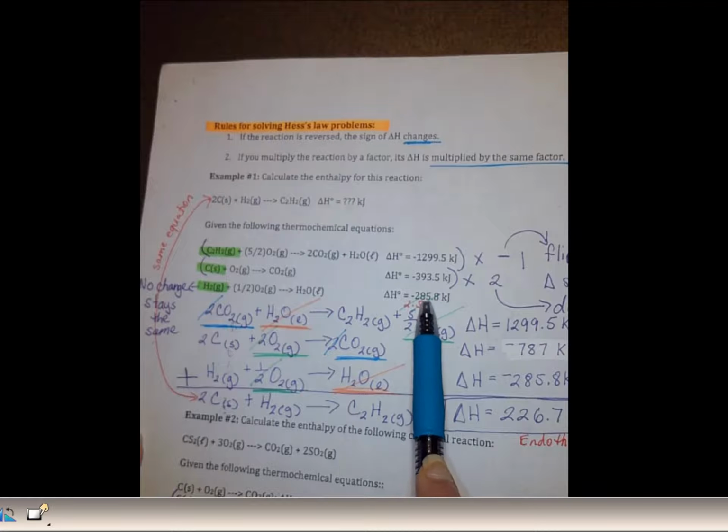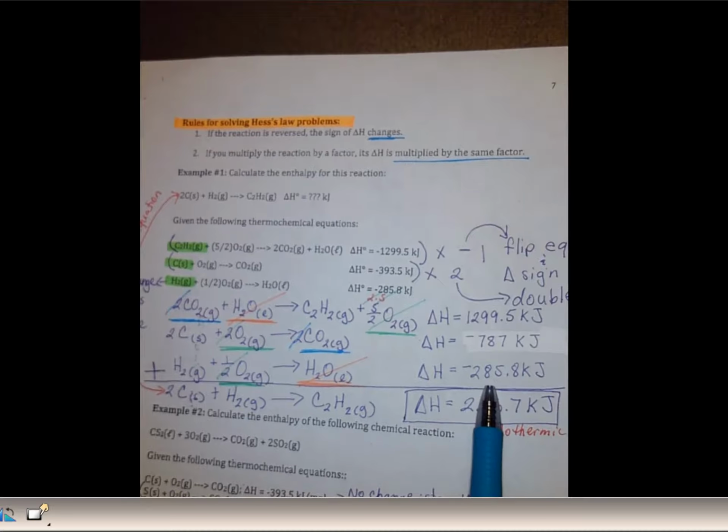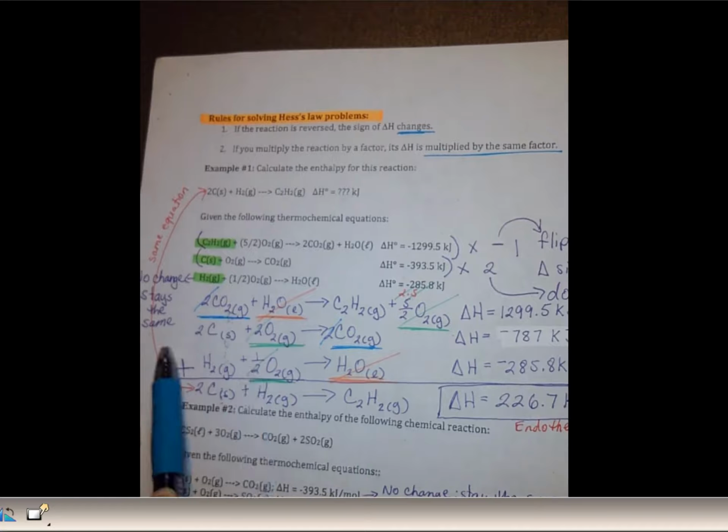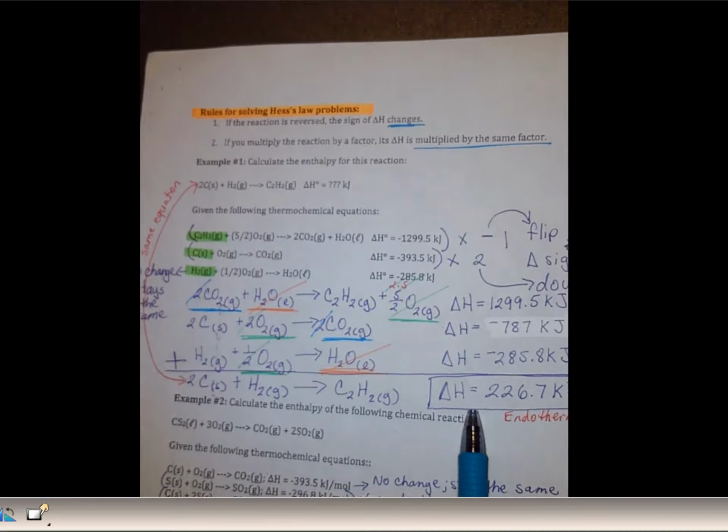The change in enthalpy, we're going to keep the exact same, so that's going to be negative 285.8 kilojoules. Now we're going to go back and use Hess's law, and add all this up to get our overall change in enthalpy.